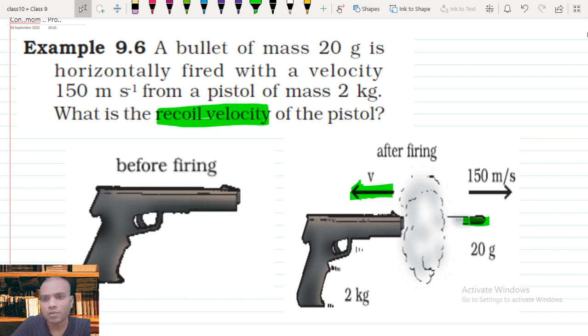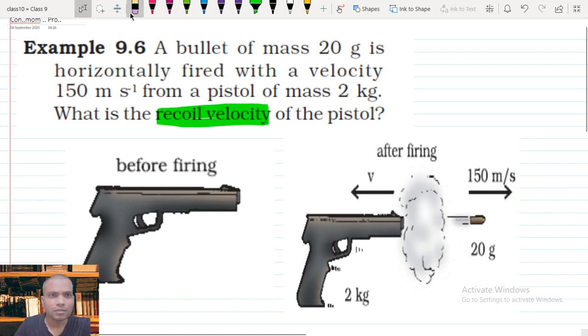When the bullet moves in the forward direction, this is the action because of the fire, and there is a recoil force which acts on the pistol. Due to that force, the pistol moves in the backward direction. So we need to calculate the recoil velocity of the given pistol.